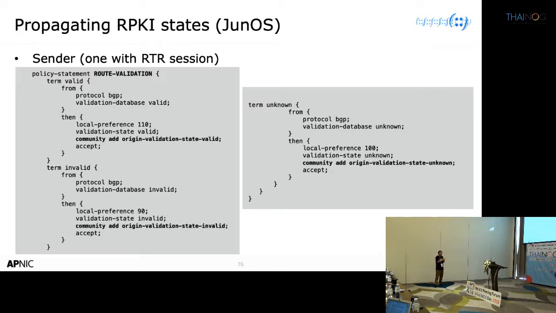Valid means community 0, invalid is 2, and not found is 1. You just need to hit this command and it will automatically tag them with those extended communities.